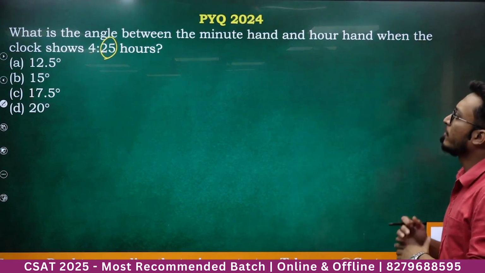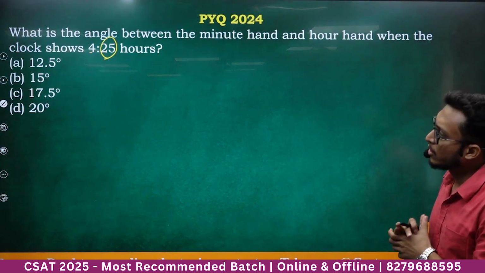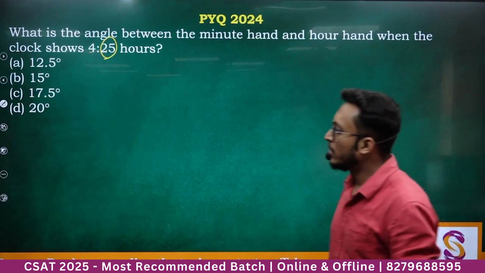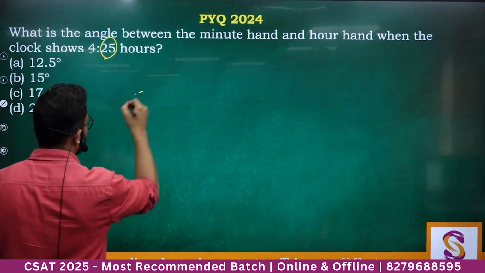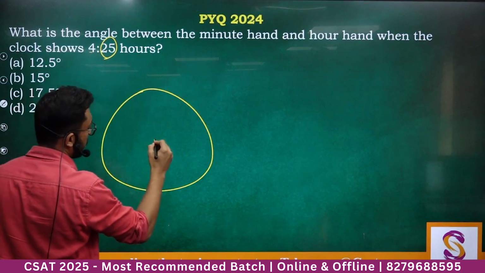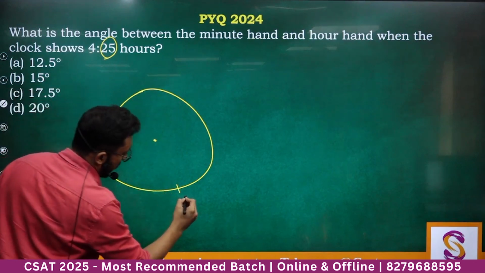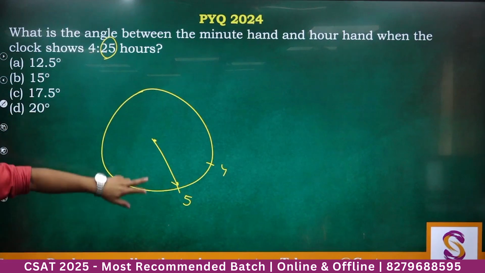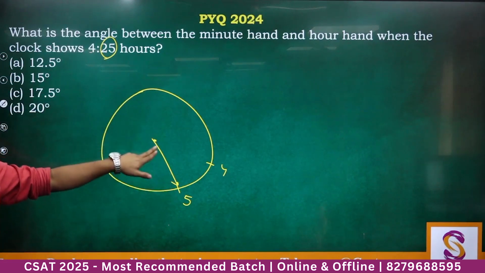What is the angle between minute hand and hour hand when the clock shows 4:25? I know this minute hand will be exactly at 5.